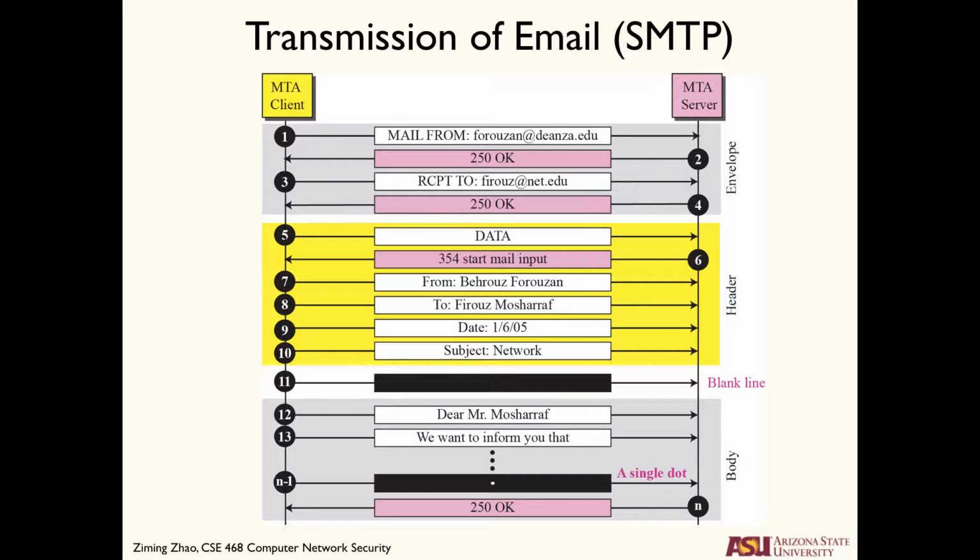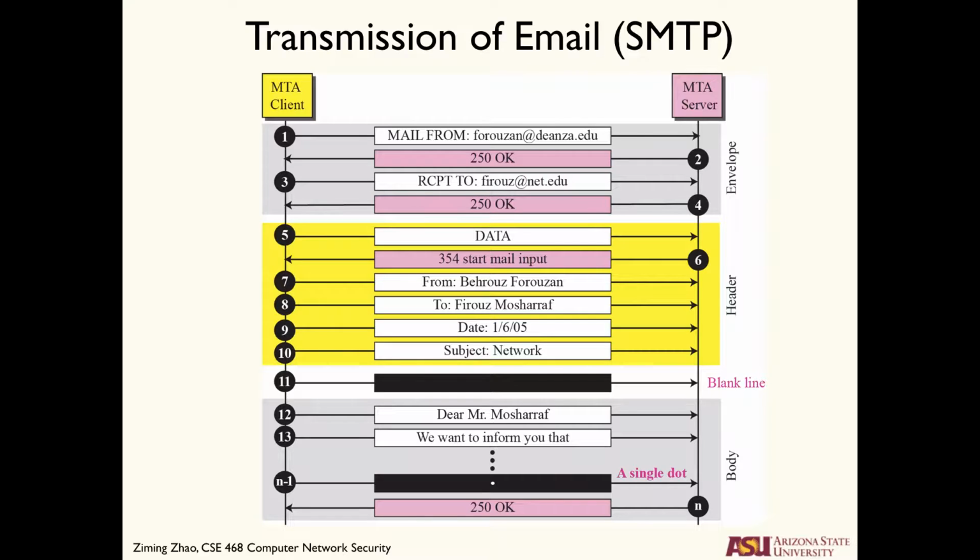First, it will send out mail from, and the server says, okay, I received it. Then it sends another line, which is the recipient. After that, there are control commands like data. Data means I'm going to send the content of the email, including the email headers, not the envelope headers.